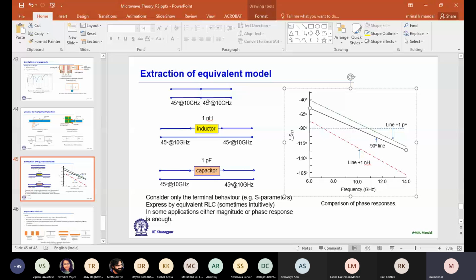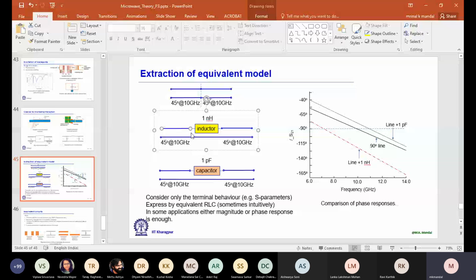Well, now in the same line, in the first case, I am intentionally putting one inductor in series. What is the value? 1 nanohenry. This 90° line still remains. So now minus 90 with some additional value we are expecting for the angle of S21.